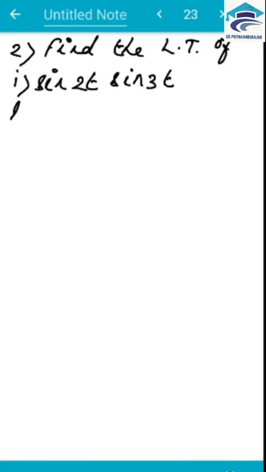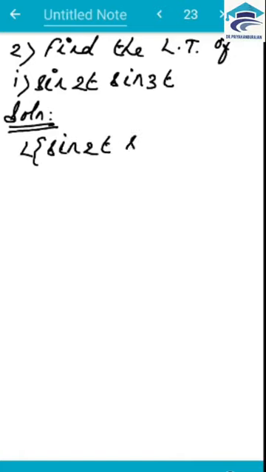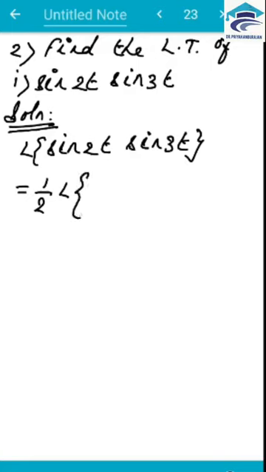Let me apply the formula. L of sine 2t sine 3t is equal to, so first we are going to use the formula. So it is half into, let me apply the Laplace transform also. It is cos of x minus y or y minus x, anything you can take.